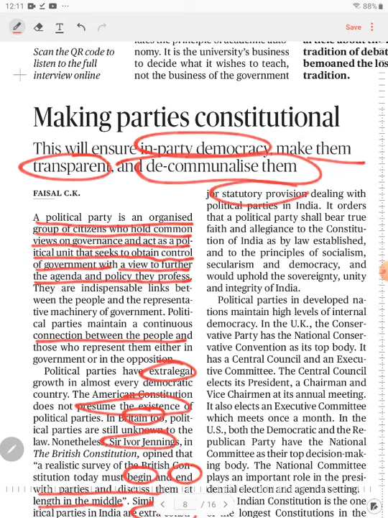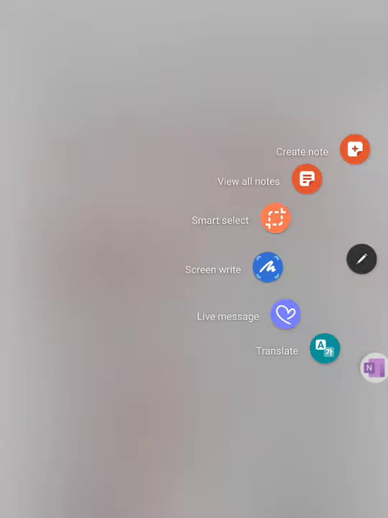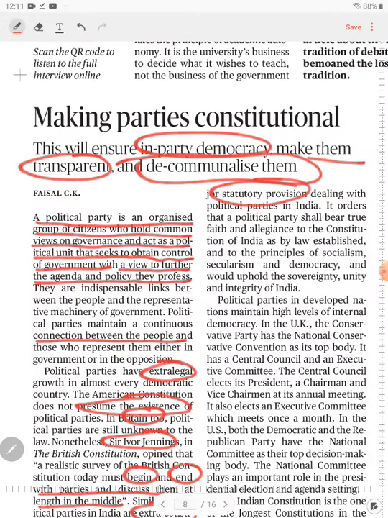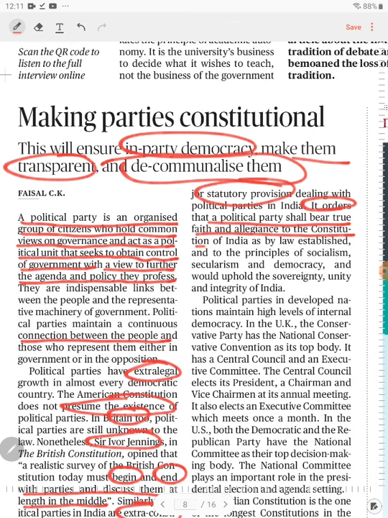How the political parties are formed is mentioned in the RPA, 1951. But here we must understand, it orders that a political party shall bear true faith and allegiance to the Constitution of India as by law established, and to the principles of socialism, secularism, and democracy, and would uphold the sovereignty, unity, and integrity of India.